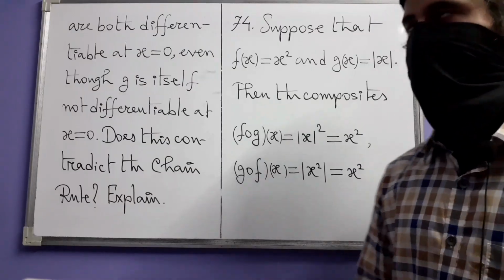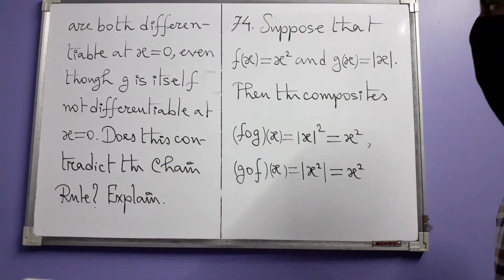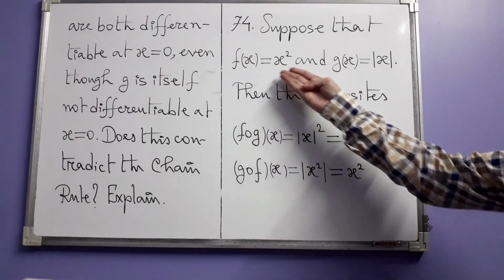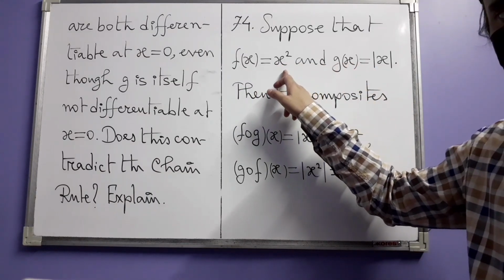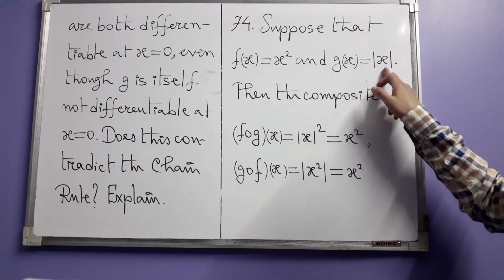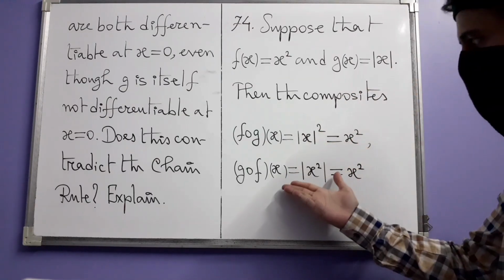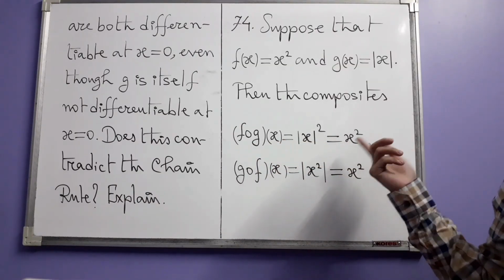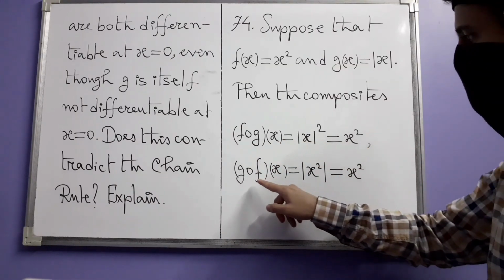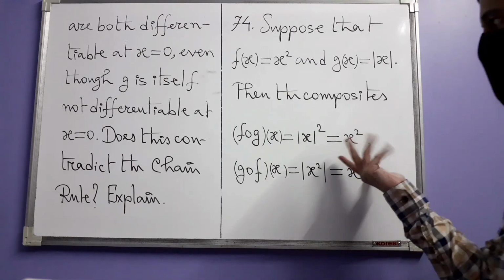The next one, number 74, tests our understanding of the chain rule. You consider these two functions f and g. f of x is the ordinary square function and g of x is the absolute value function. And then you consider these two composites. f composed with g you can see easily is x squared, and g composed with f is also x squared.